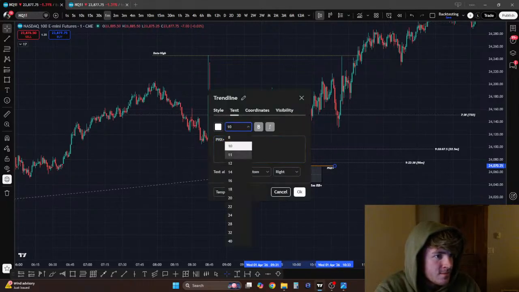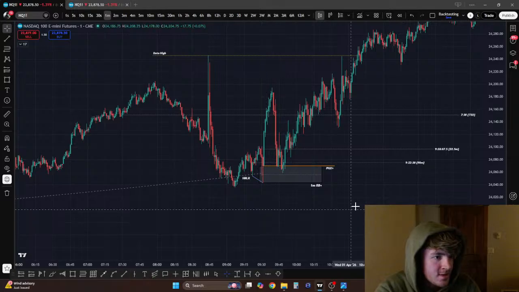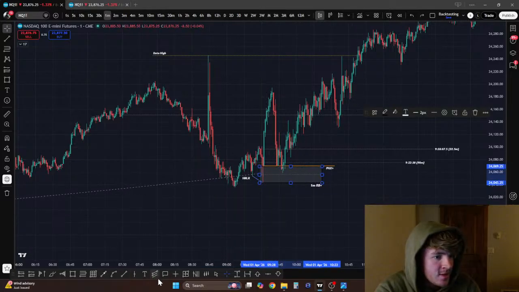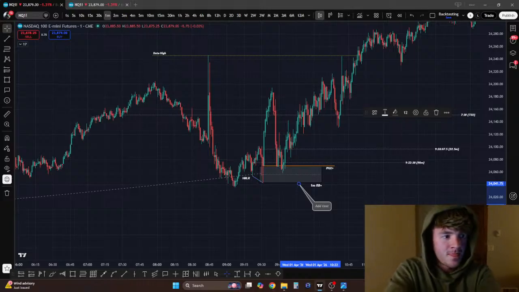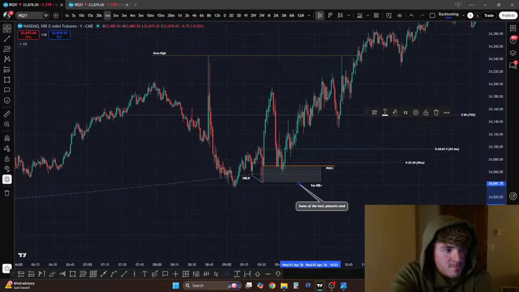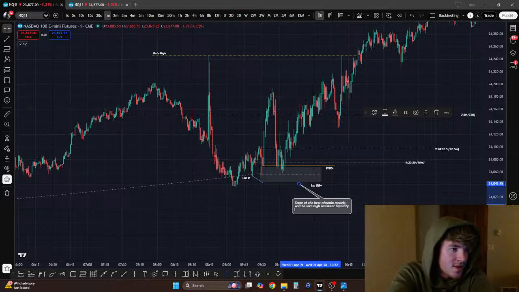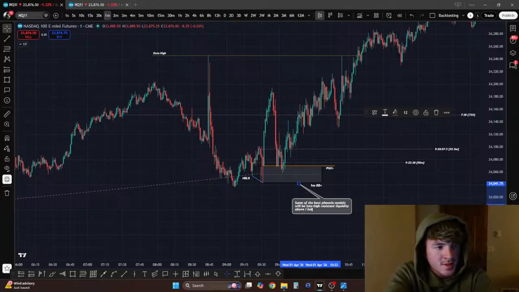First of all, some of the best Phoenix models will be into high resistance liquidity above or below true opens.